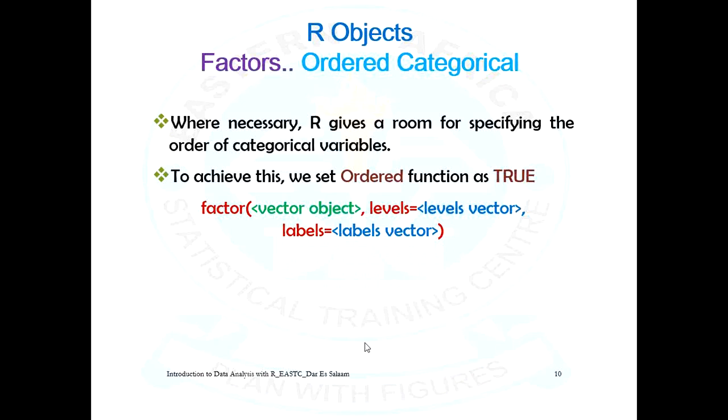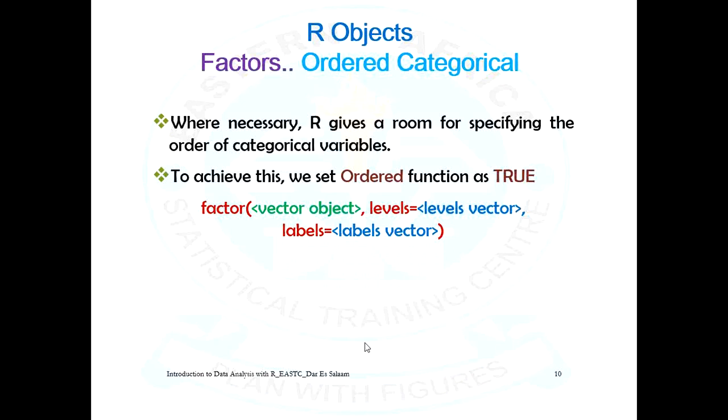So if you wish to declare an ordered categorical variable in R, you have to set the ordered function as true.